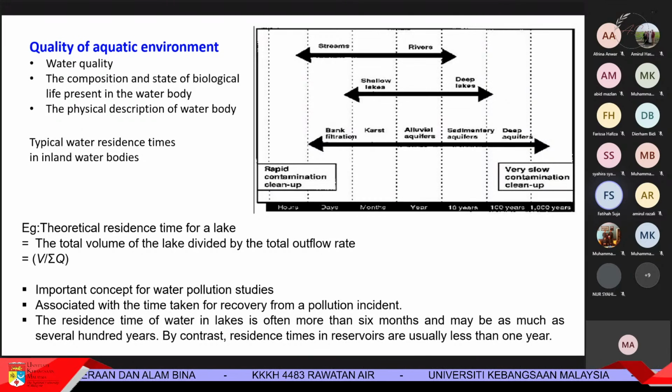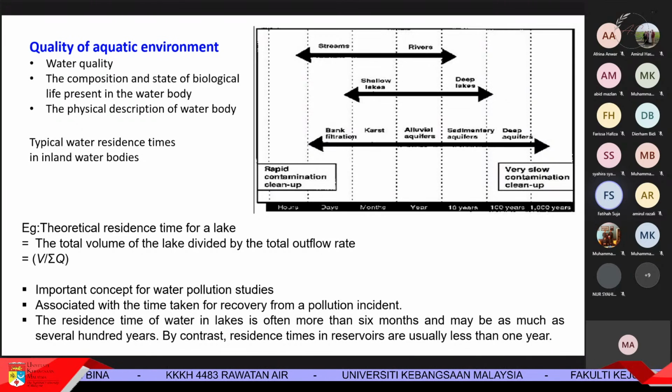Even when the water residence time of the water body is short, meaning the hydraulic retention time, HRT, is volume over Q, volume over Q. But if you have even a very small aquifer, it still takes a very long time for the contaminants to be removed from the system because of the very high residence time.